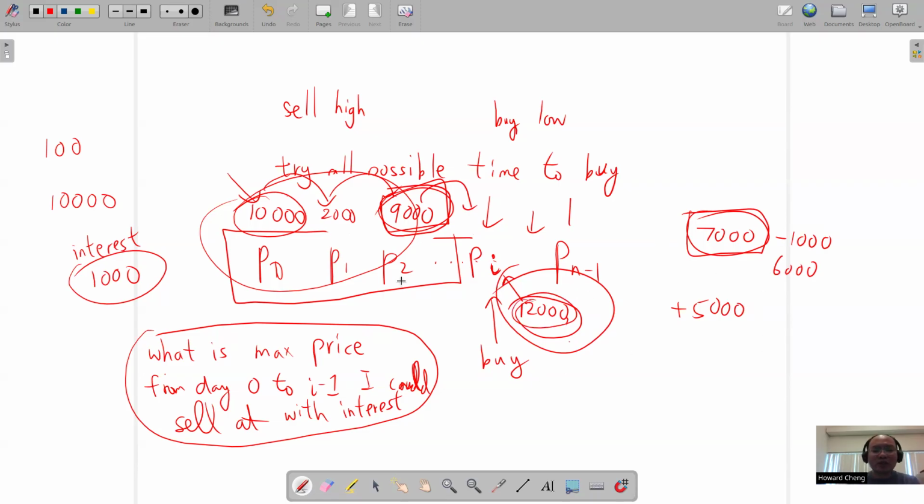So basically what you do is you keep updating this as you sweep from left to right. For each day, you keep track of how much money you could have been holding by selling something in the days before. If that is bigger than what you can buy back for today, you buy. That's one possibility. Then you just move on to the next day and the next day.